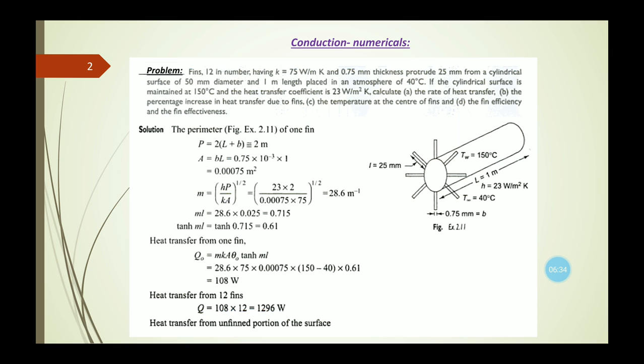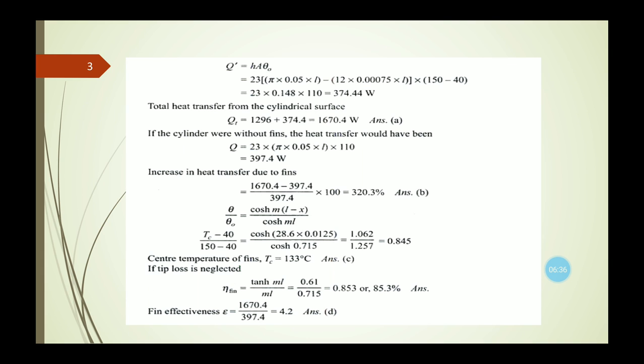The heat transfer from the unfinned portion of the surface can be calculated using the mathematical representation Q dash, which is equal to h A theta naught. This h A theta naught is actually nothing but the mathematical representation of Newton's law of cooling. This h is given in this numerical.